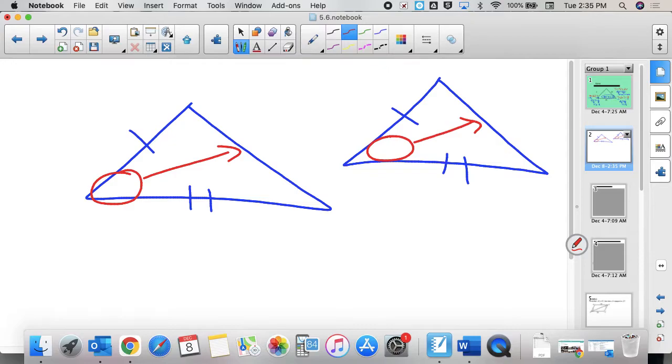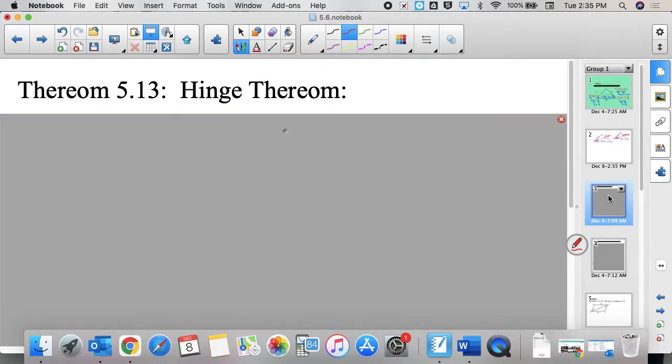The bigger angle, the bigger the side. Meaning if this angle was 40 degrees, for example, and this angle was 30 degrees, then this side here is the bigger of the missing sides. This side here would be the smaller of the missing sides. And that's really all your hinge theorem is going to say.